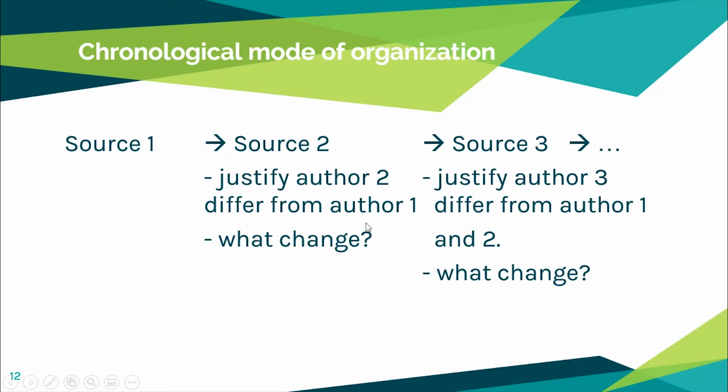At this stage, you will justify how author 2 differs from author 1 and have a small conclusion about what has changed. Similarly for source number 3, you will justify how author 3 differs from authors 1 and 2, and then you will summarize and conclude what has changed over time. I think this one is very straightforward and easy to write.